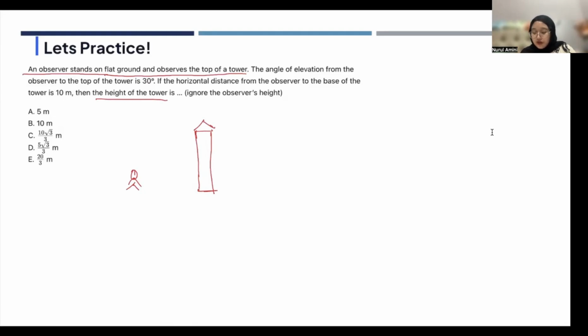The observer observes the top of the tower like this, and the angle of elevation from the observer to the top of the tower is 30 degrees. So the angle of elevation is 30 degrees, here.